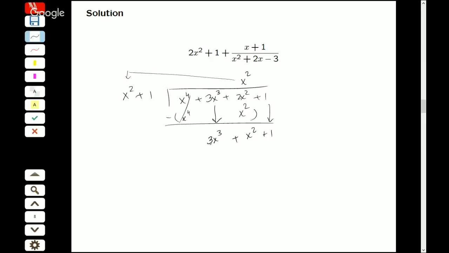How many times does x squared go into 3x cubed? Oh, I forgot the x term. Let me write a 0x in here. Because I'm going to need it. So 3x, this gives you a 3x cubed plus a 3x.